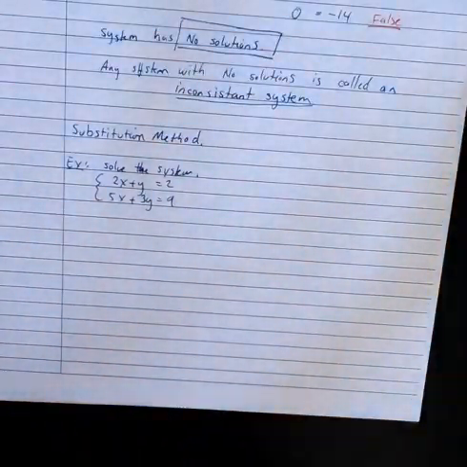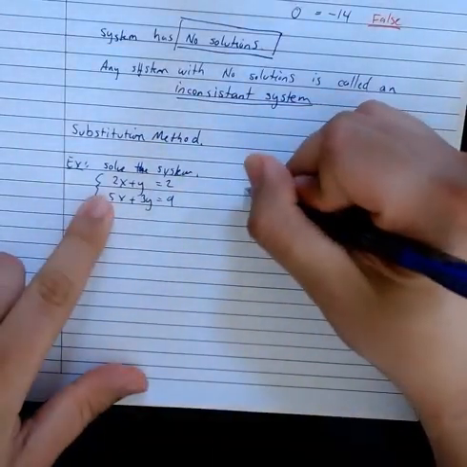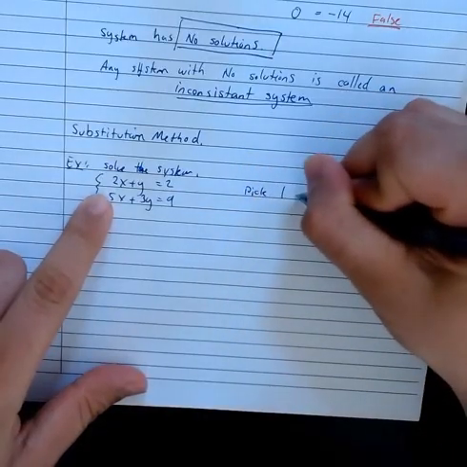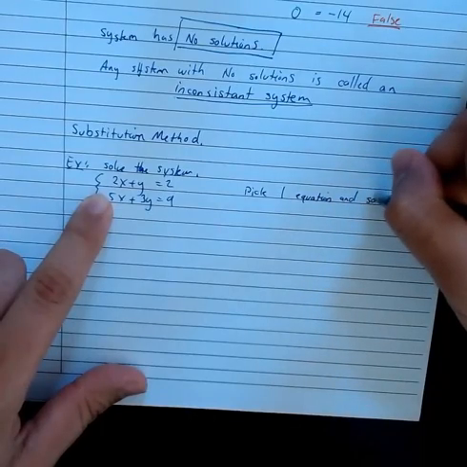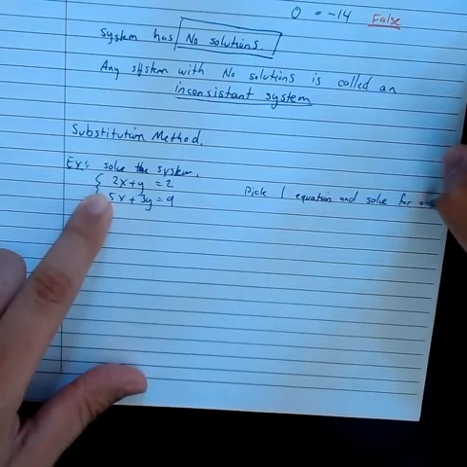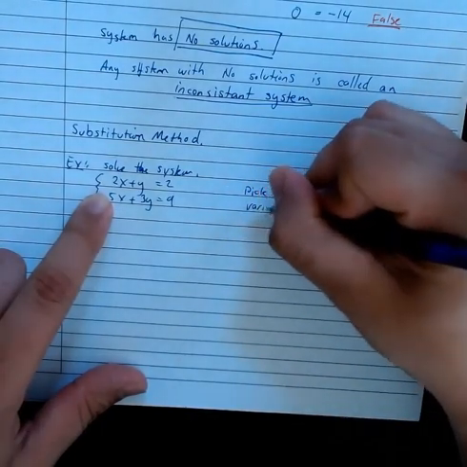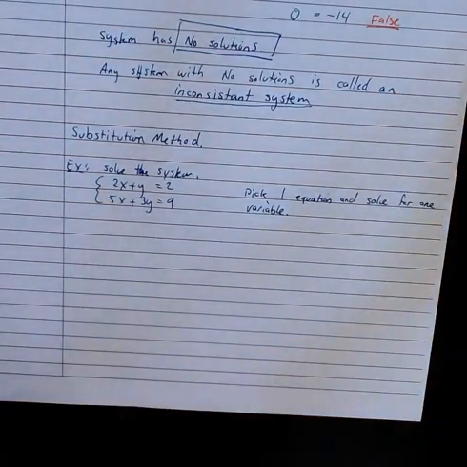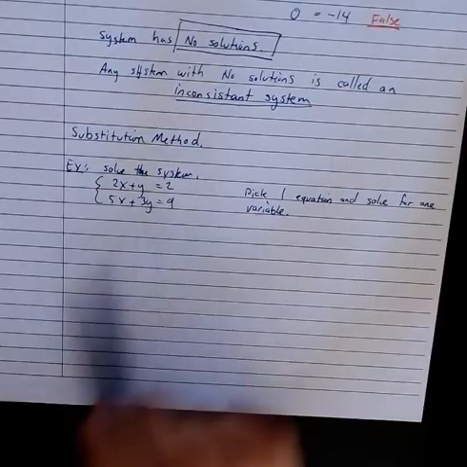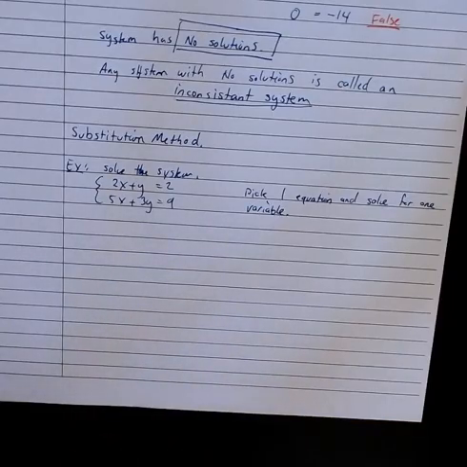Step number 1, you're going to pick one of your equations and you're going to solve for one variable. It doesn't matter which equation you pick, top or bottom. It doesn't matter which variable you pick, x or y. That being said, be nice to yourself.